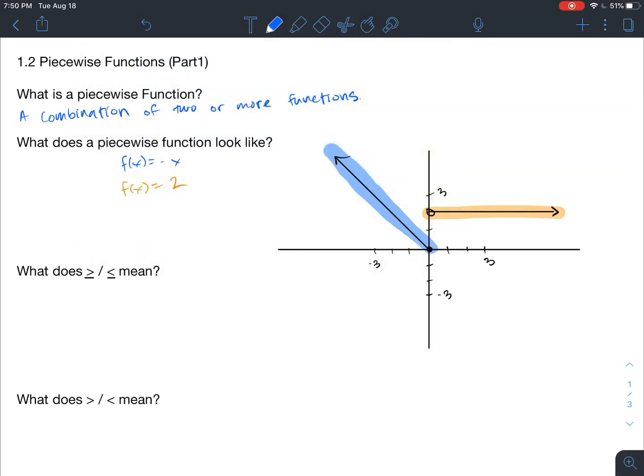We have to write the x values for which this function belongs or exists. So for the blue function, it exists for all negative numbers. So we say f of x is equal to negative x if x is less than 0. Okay? And then we say f of x is equal to 2 if x is greater than 0.